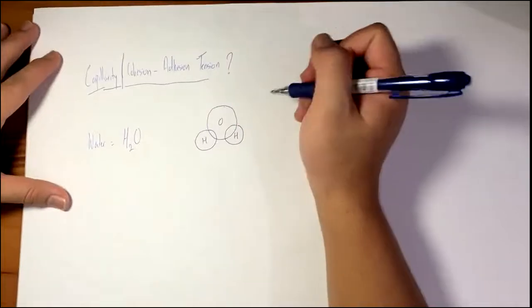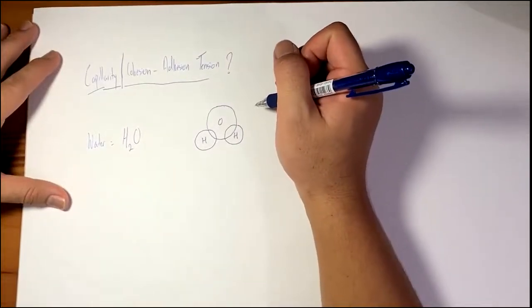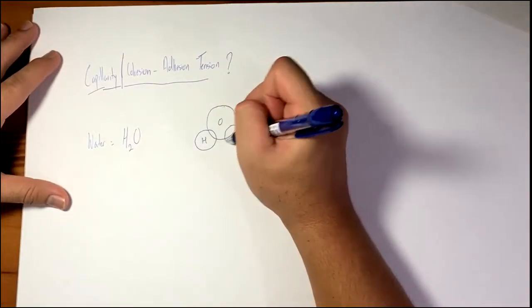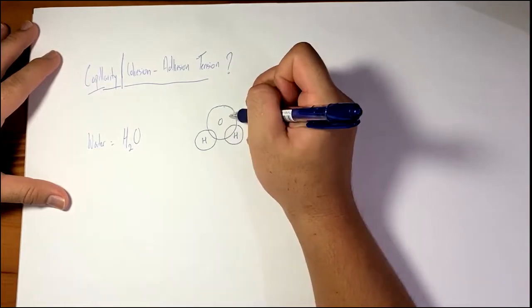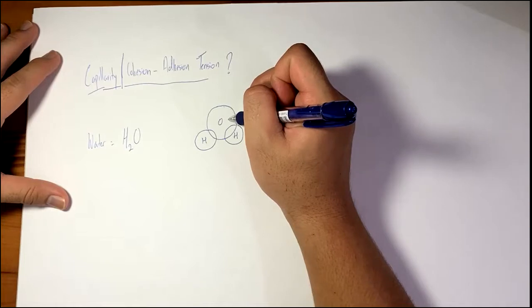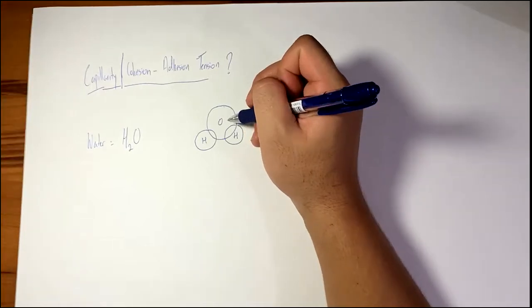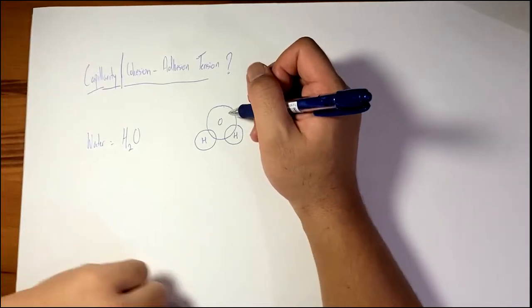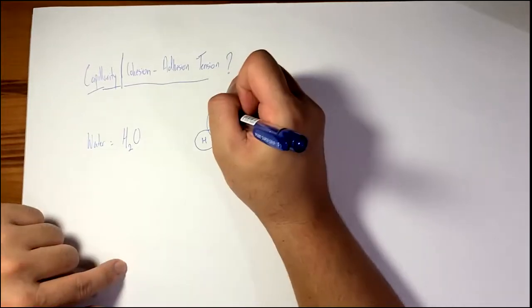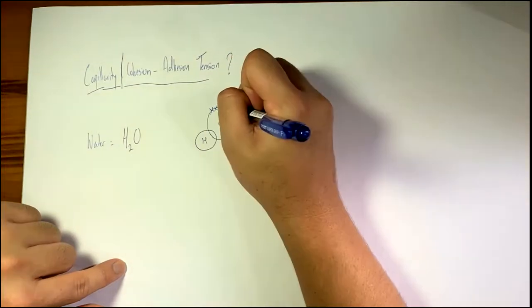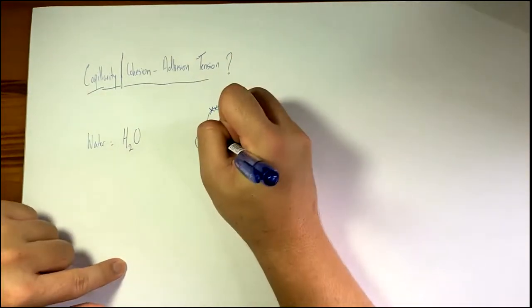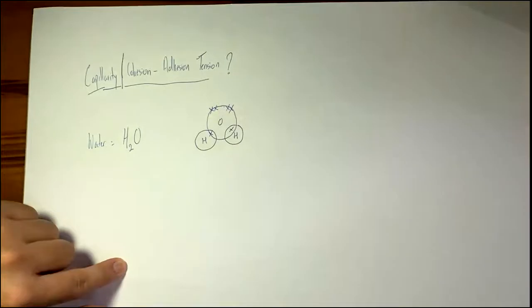As you should know, for water molecules, this is the outermost electron shell. The outermost electron shell for an atom of oxygen would be 1, 2, 3, 4, 5, 6.